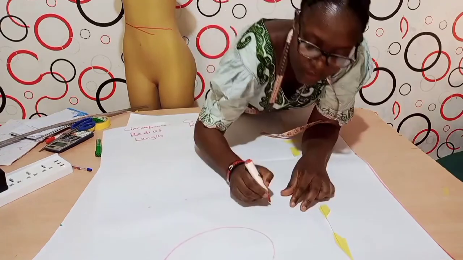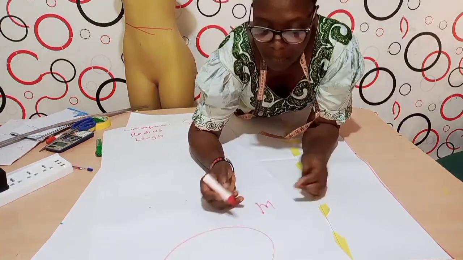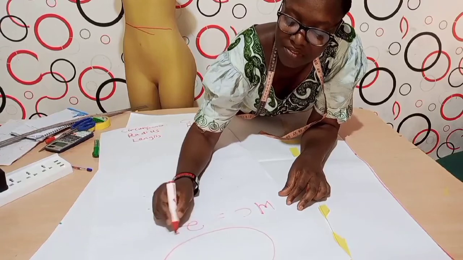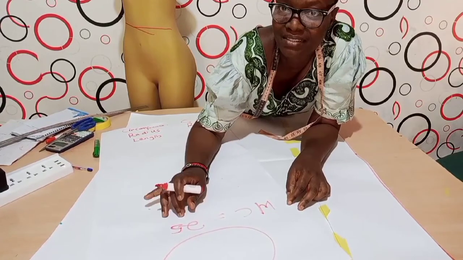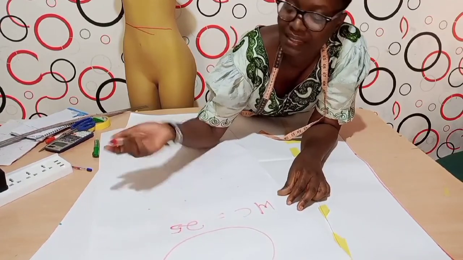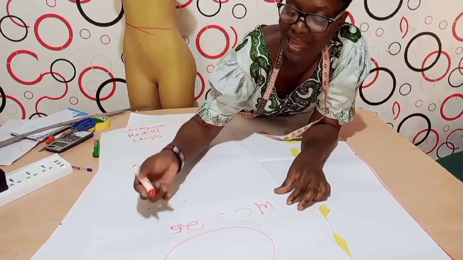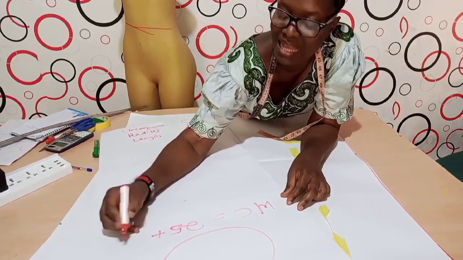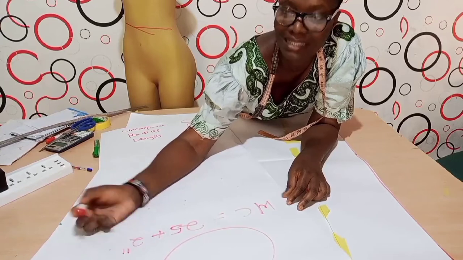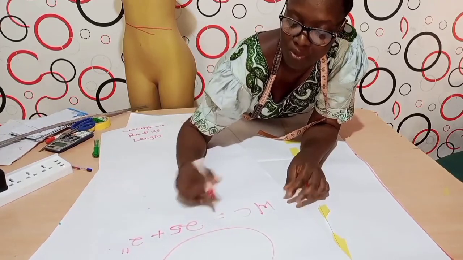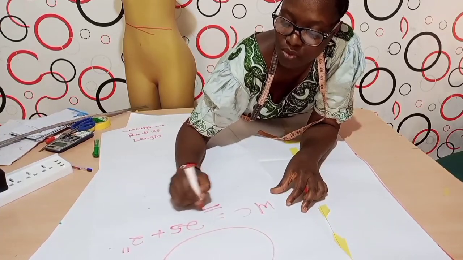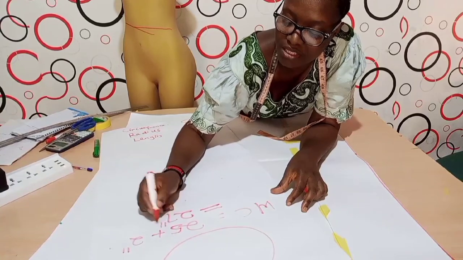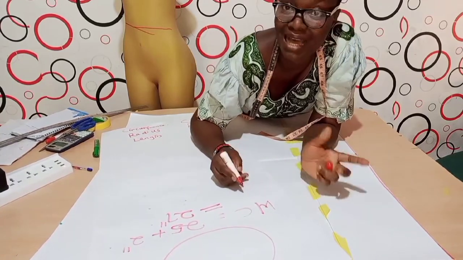The waist circumference of my model is equal to 25. If I want this peplum to have a zip, I'm going to add the zipper allowance. Let's add 2 inches as our zipper allowance. So my waist circumference is equal to 27 inches. We need to calculate our radius.